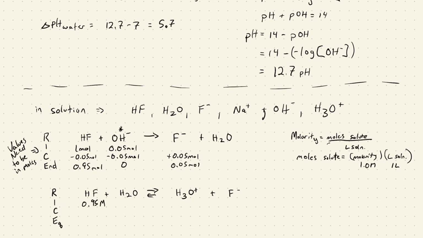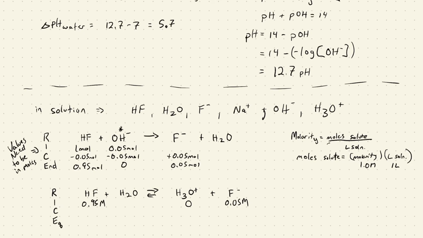So I'm going to take my moles of solute and divide it by my liters of solution, which again I've made very easy because everything's like ones. And my fluoride ion concentration is going to be 0.05 molar. And my initial concentration of hydronium ion, H3O plus, because that's what we're trying to find.